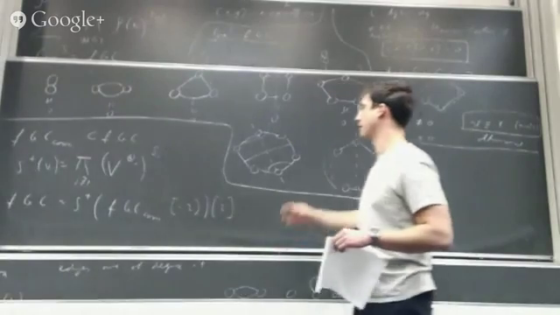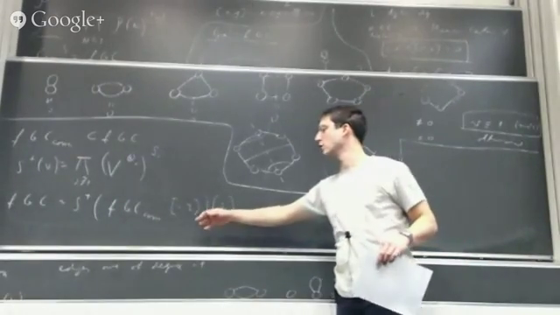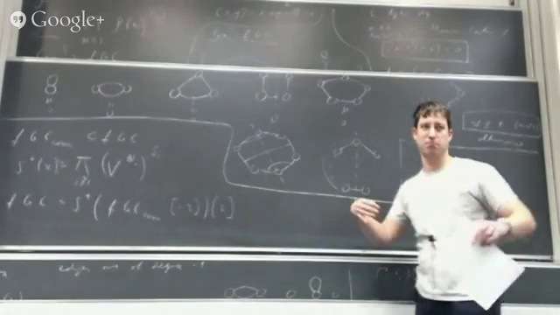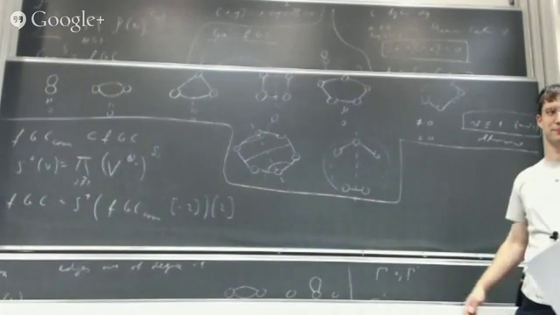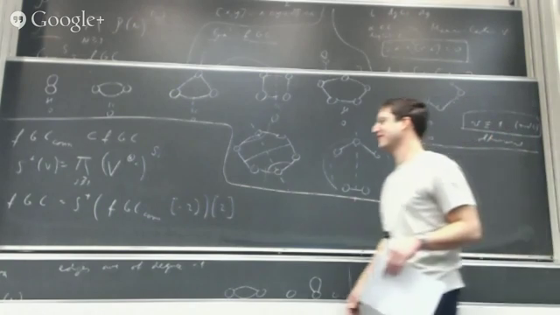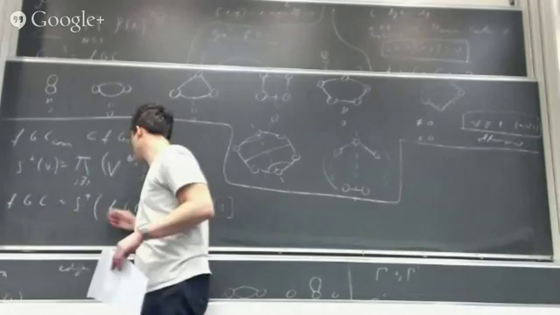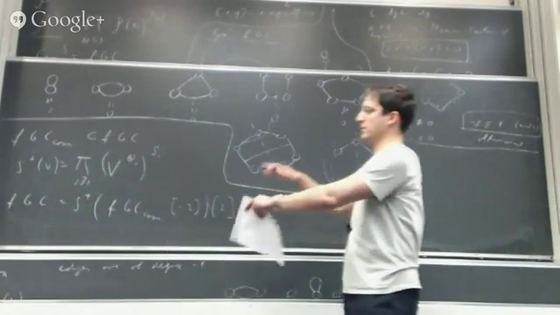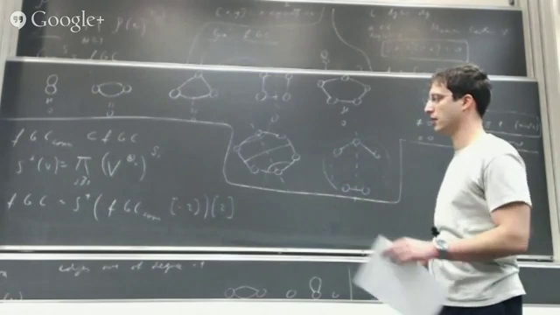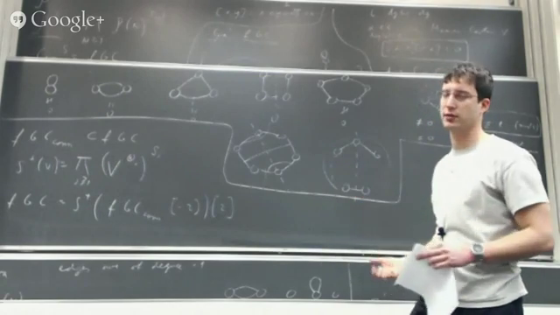You remember every graph had a shift of 2, so I have to subtract it and then add it at the end. Not important. The full graph complex is a symmetric product of connected. It just means that every graph can be composed of connected graphs.